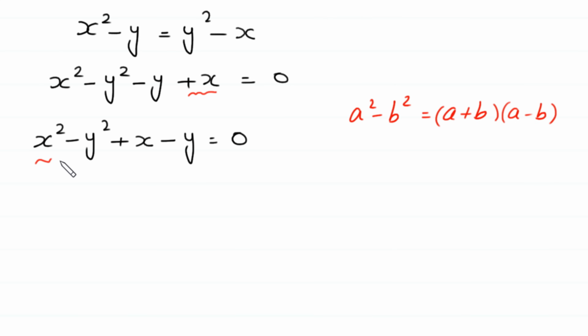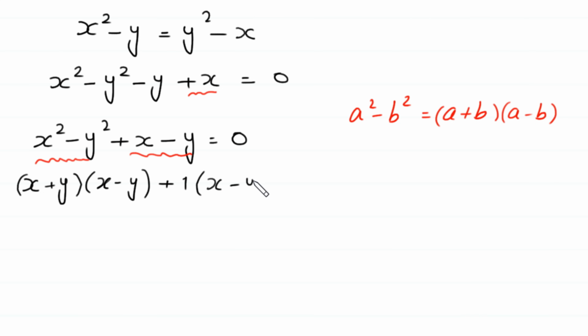This x squared minus y squared is equal to x plus y times x minus y, and from these two terms, plus x minus y, we can factor out plus 1. Plus 1 times, in the bracket, x minus y is equal to 0.